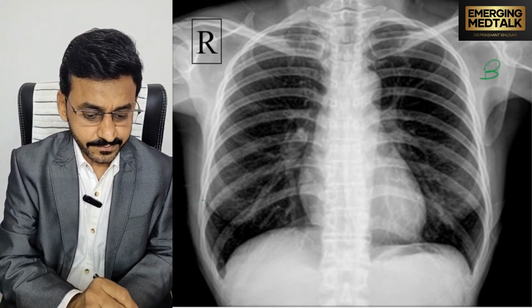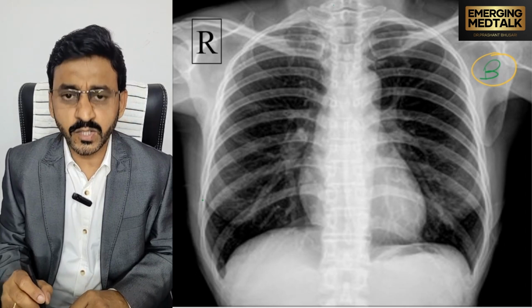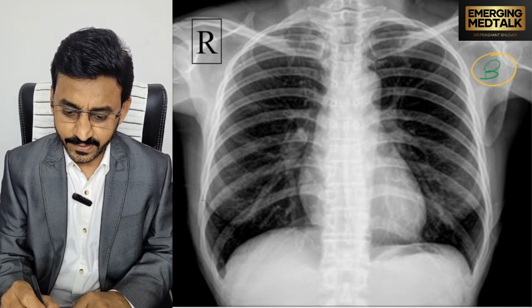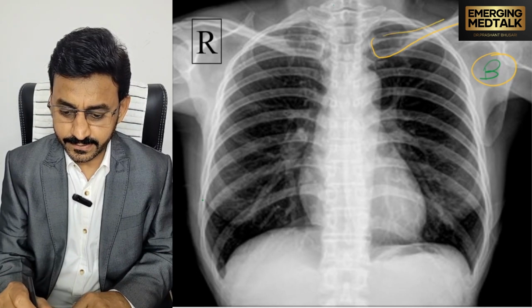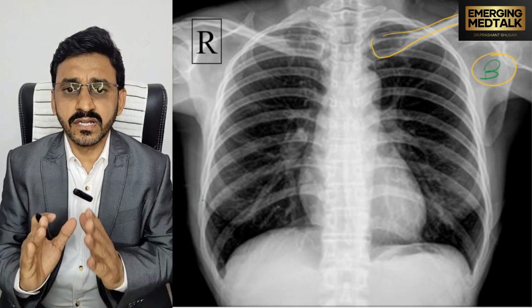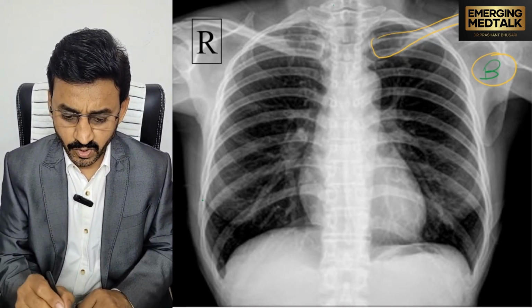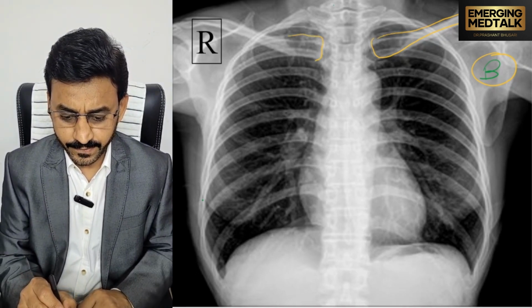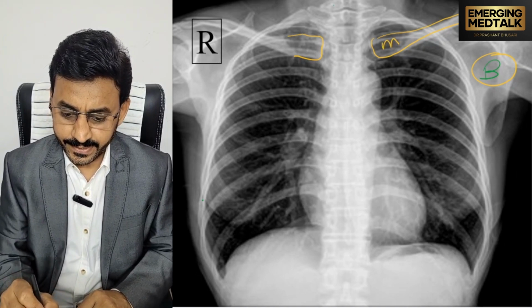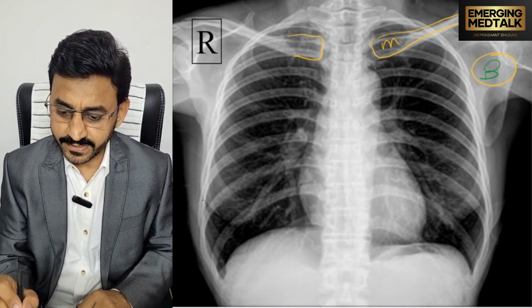Second, the bones particularly. On each side we can see the clavicle, a long bone placed horizontally, with its medial end and lateral end.